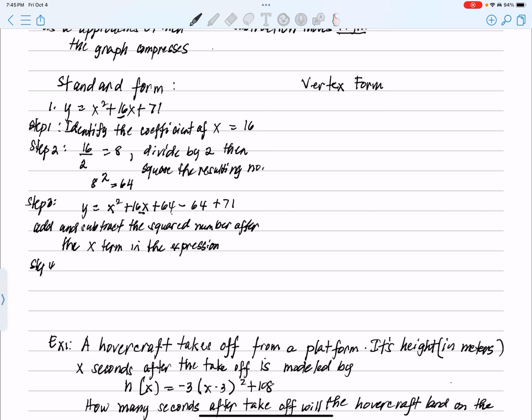you have to factorize the perfect square.